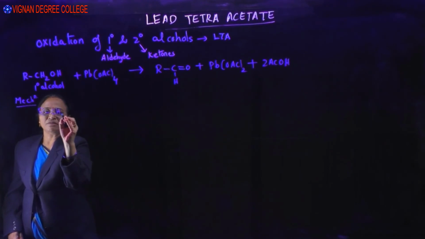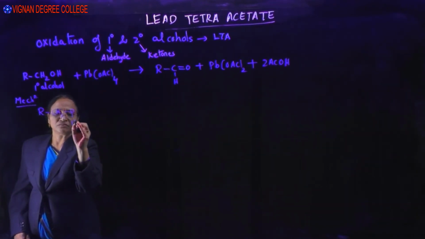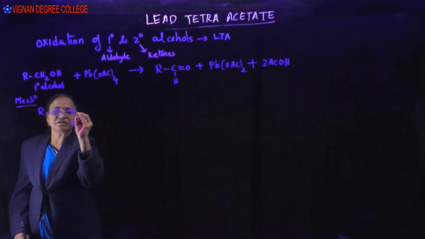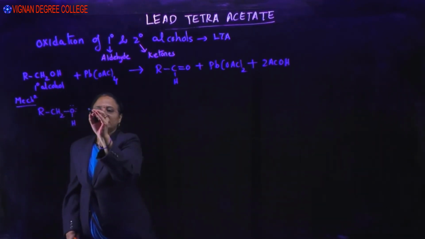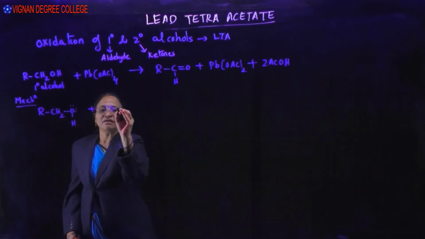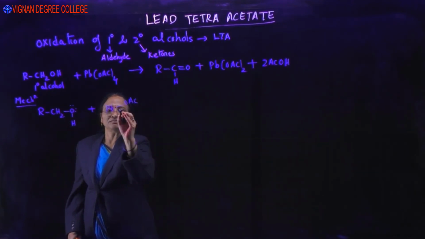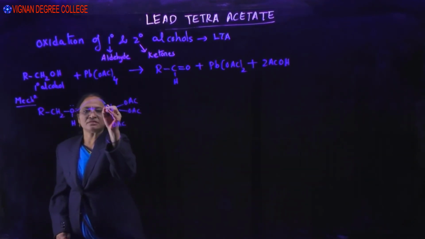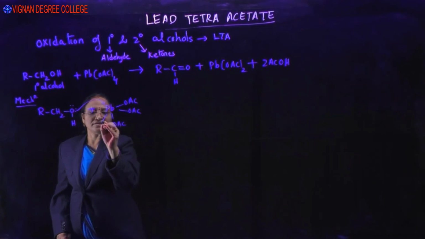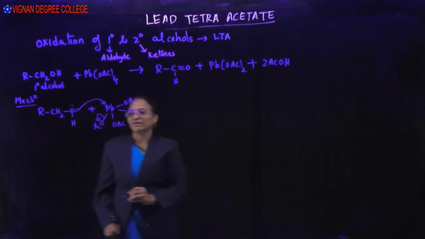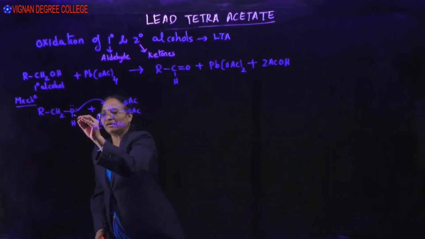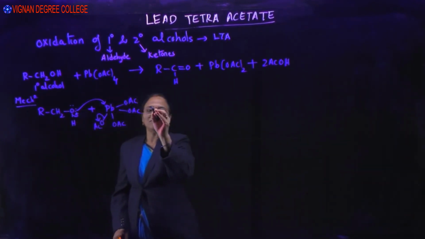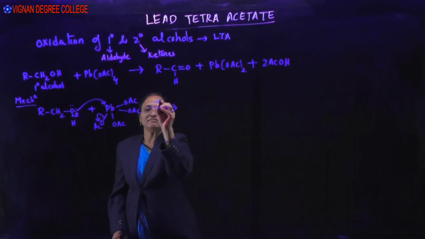primary alcohol containing oxygen with lone pair of electrons, which is capable of attacking lead tetraacetate. So this attacks lead tetraacetate with the elimination of acetate and H plus to give acetic acid.